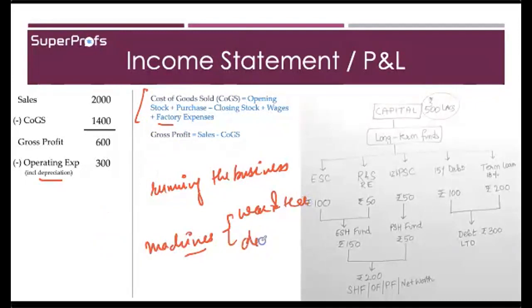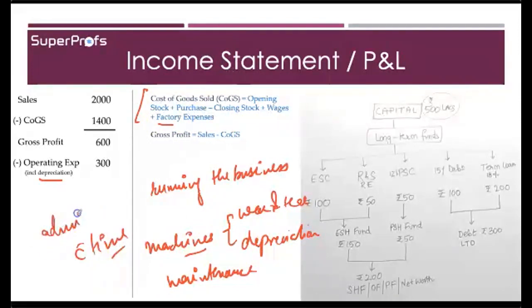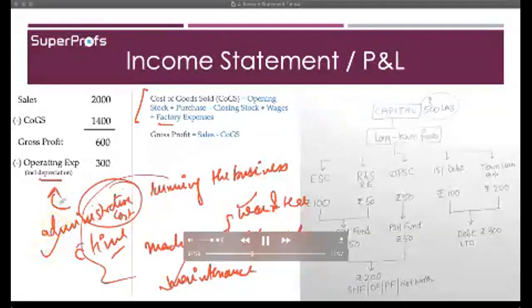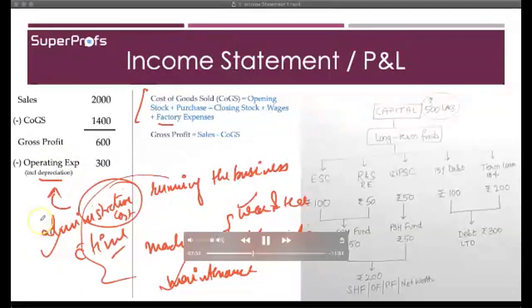There would be a depreciation value, because they need maintenance, and all these costs are additional. They will be incurred with time. Then there may be some administrative costs for running the business. So all these costs, whether wear and tear, depreciation, maintenance cost, or administrative cost, are calculated in the operating expenses.